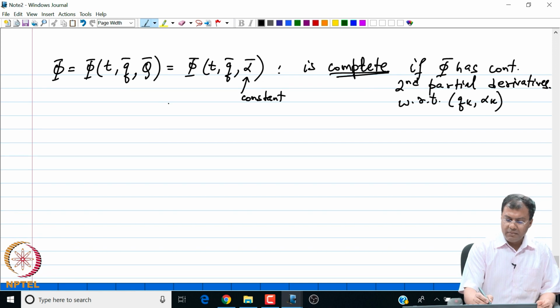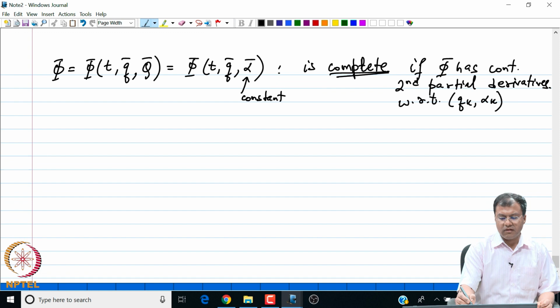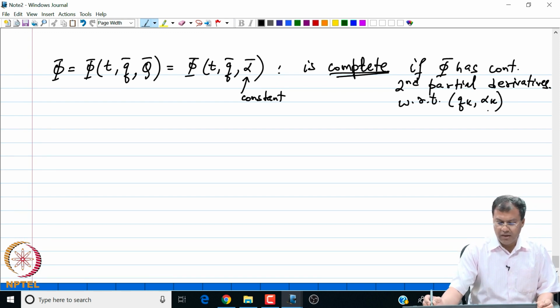Notice that on some occasions I am conveniently saying that alpha_k is constant, and on some other occasions I am saying that alpha_k is a variable.